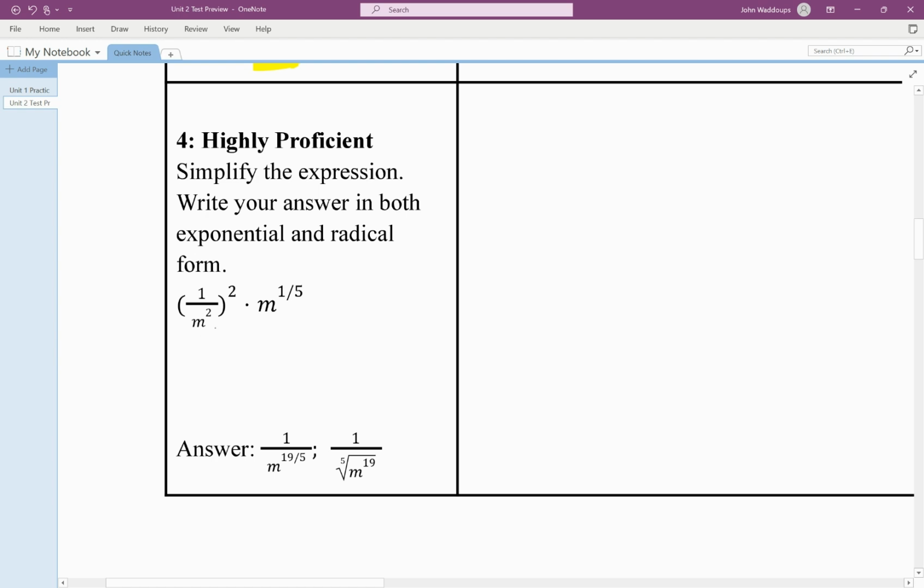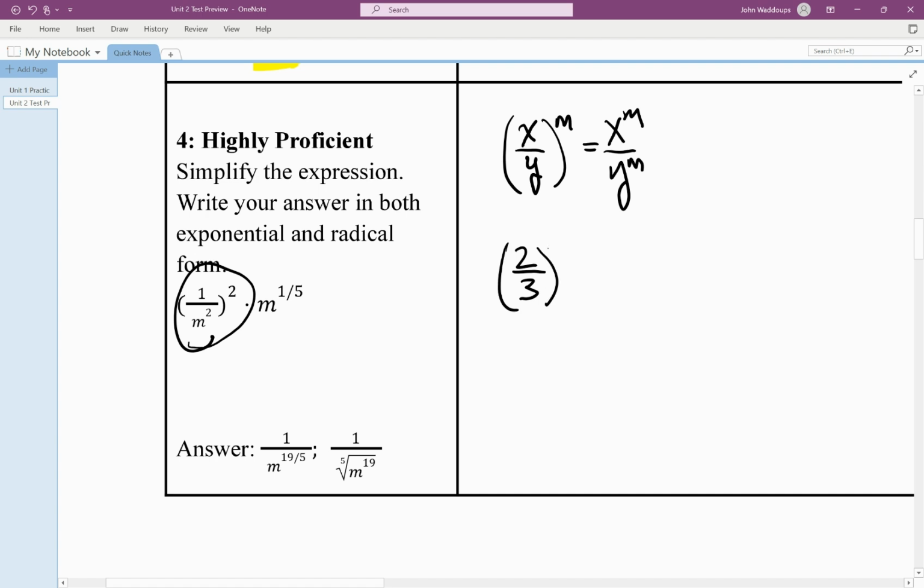First, let's look at this first part here. We have a rule that says if I've got x over y, and I raise it to the power m, that's the same as x to the m over y to the m. And again, if you don't remember that, you can just write a simple example. Let's say I get 2/3 and I raise it to the fourth power.